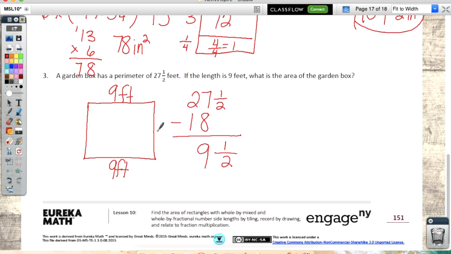So here's what I know. I know that side A plus side B equal 9 and a half when I add them together. Now this is what I showed the kids yesterday on a problem like this. Okay, so we've got 9 and a half, correct?